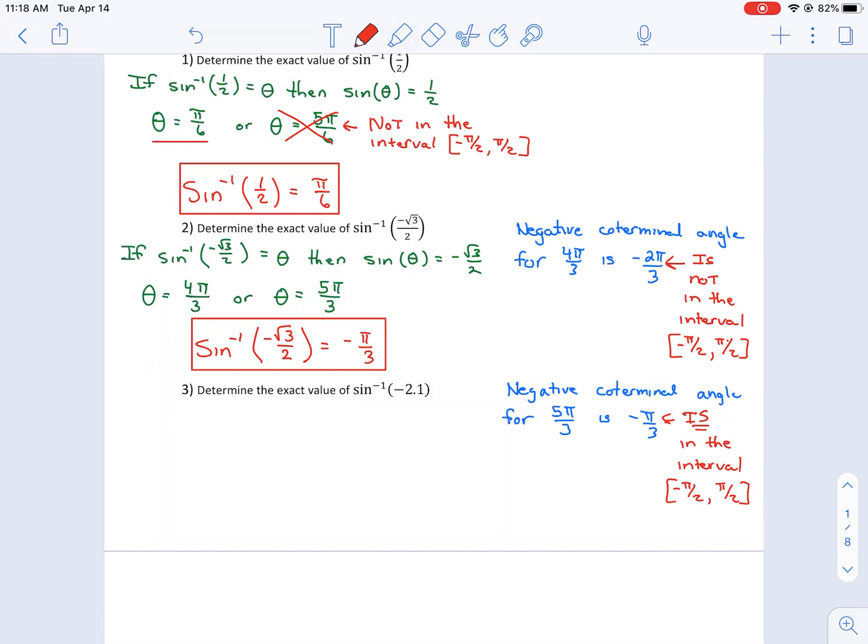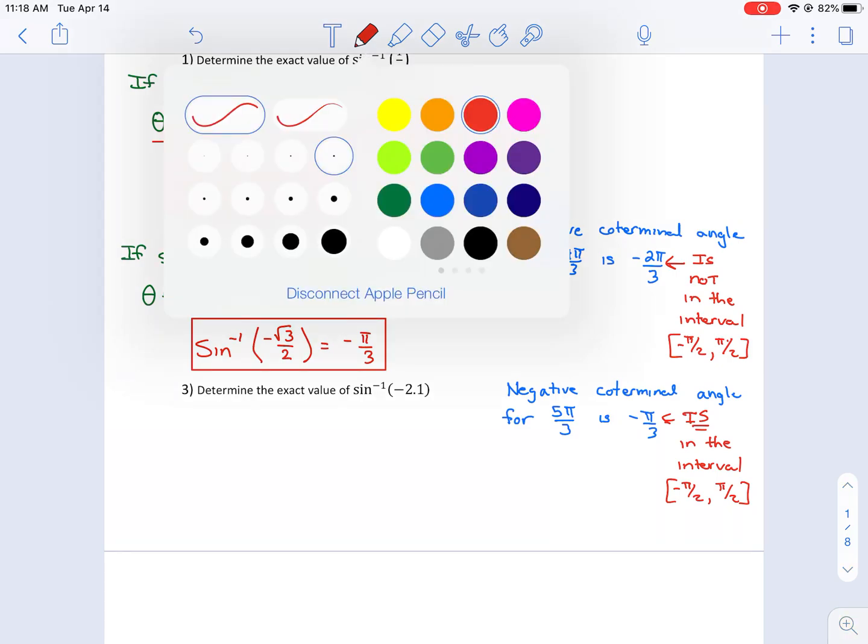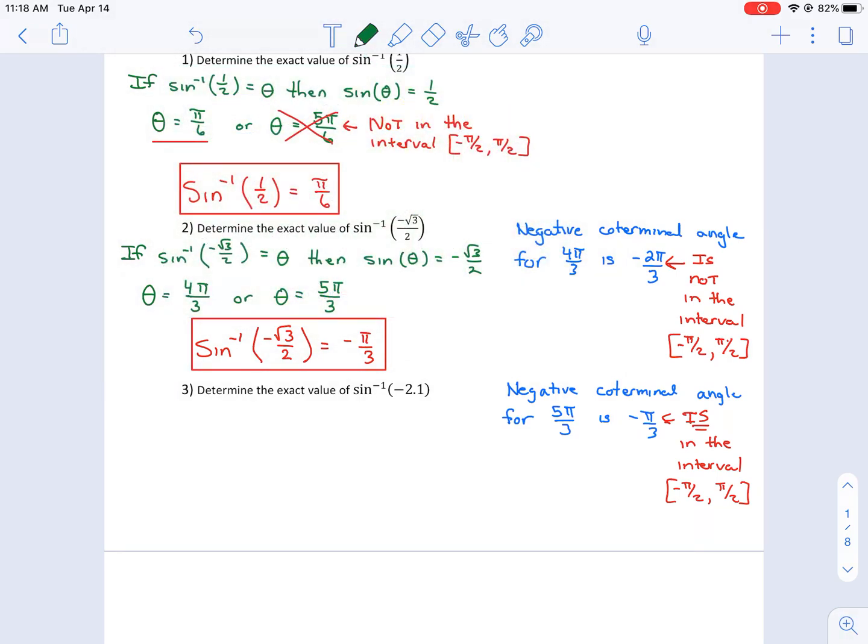And for the third problem, determine the exact value of inverse sine of negative 2.1. And again, we're going to write out the same exact sentence we wrote out for the previous two examples.